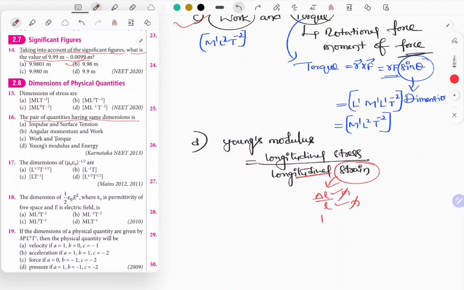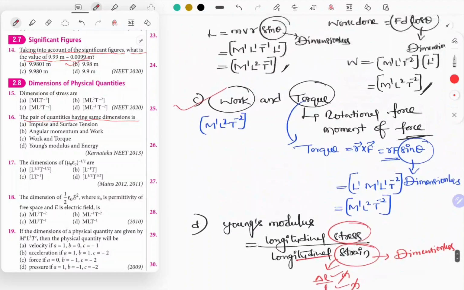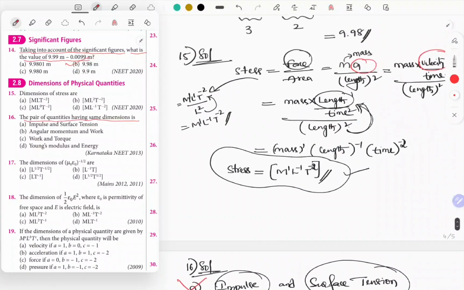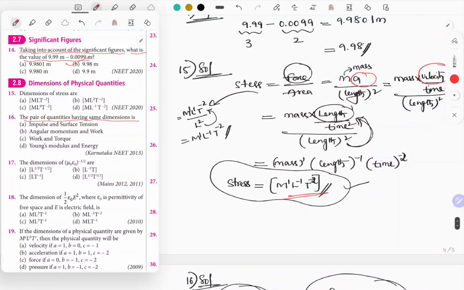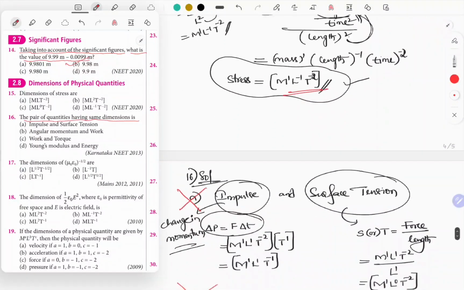Which is the dimensional quantity, stress or strain? Strain is a dimensionless quantity, because it is change in dimension by original dimension. The only thing that has a unit is stress. Just now I explained the stress dimensional formula. Here it is: stress dimensional formula is M power 1, L power minus 1, T power minus 2.